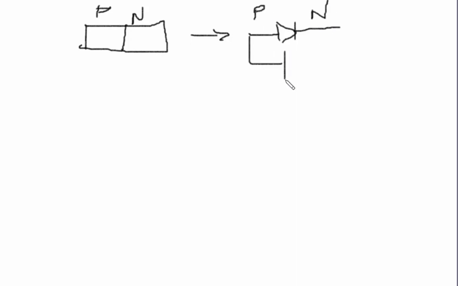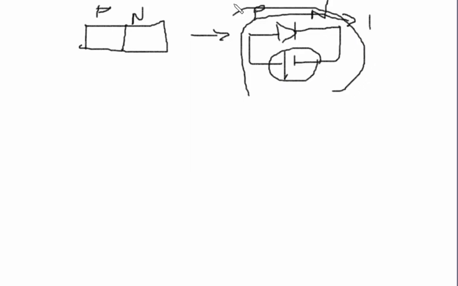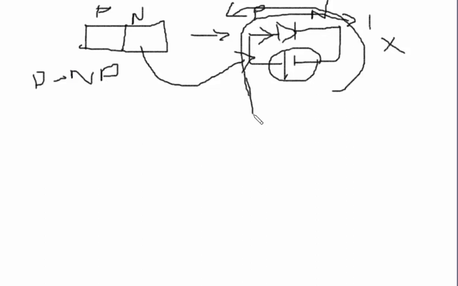If I bias this one, it conducts in only one direction. If I apply reverse bias like this, it is not able to conduct. So this is basically called a PN junction diode. The current flowing in this diode is called ID.